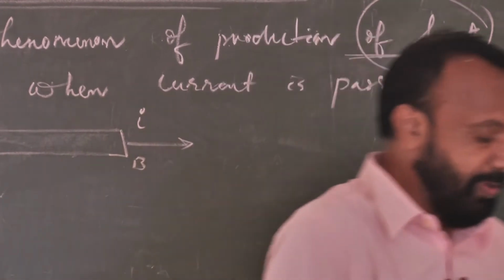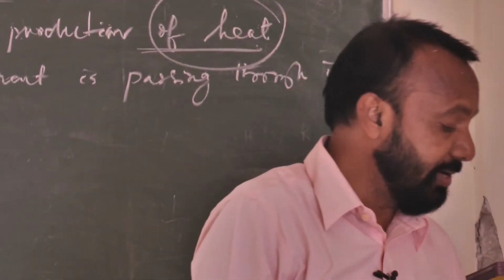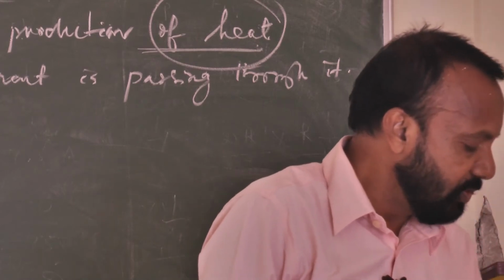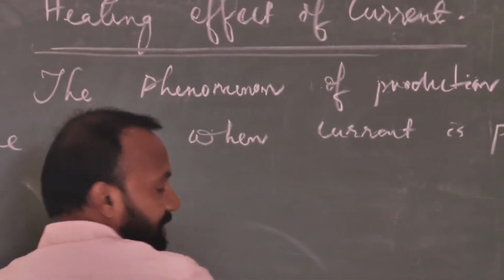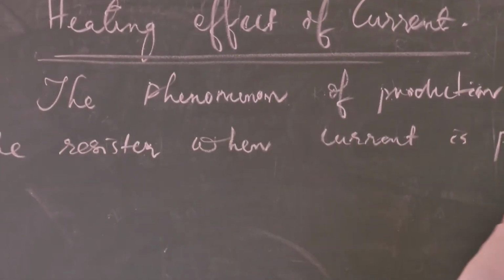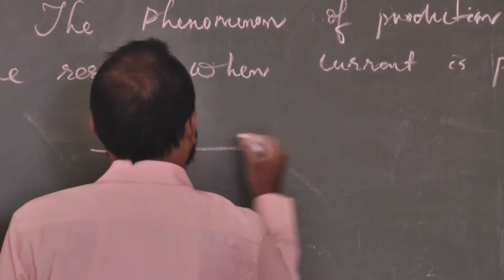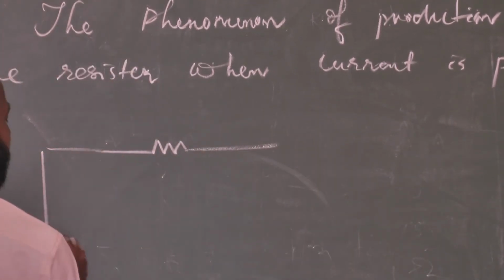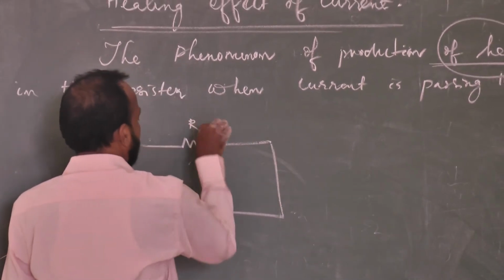So, in this case, there are different regions where the production of heat is taking place. You have to remember this. Let us draw the circuit diagram with one resistor. Suppose R is the resistor.